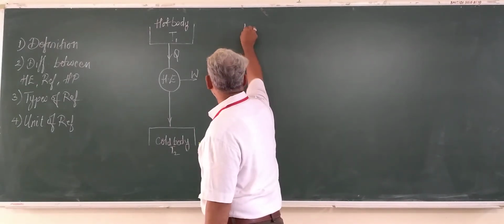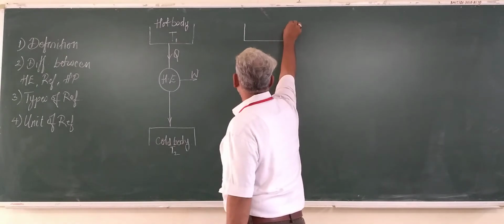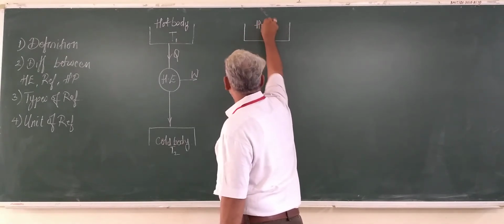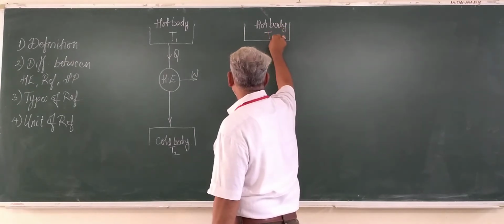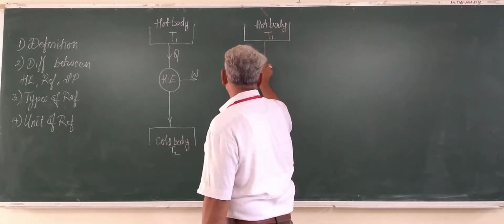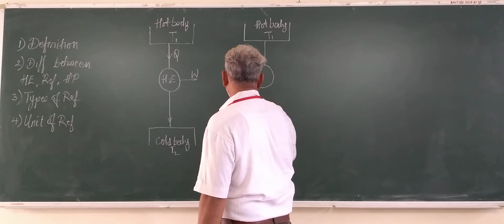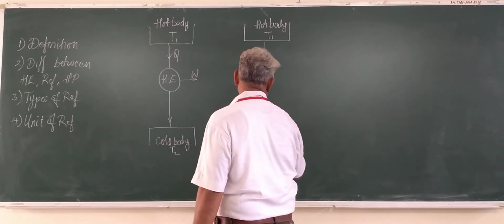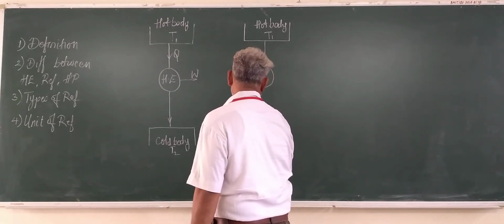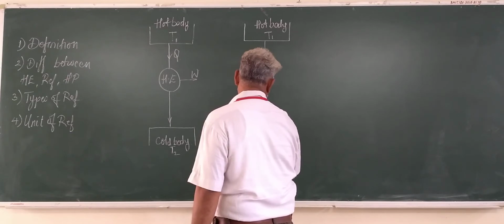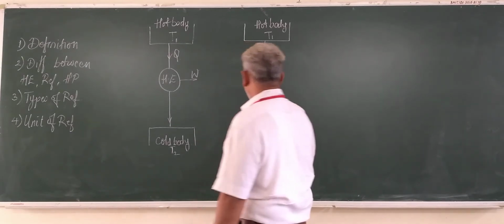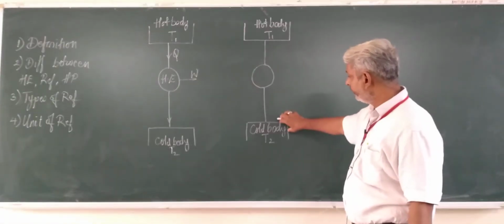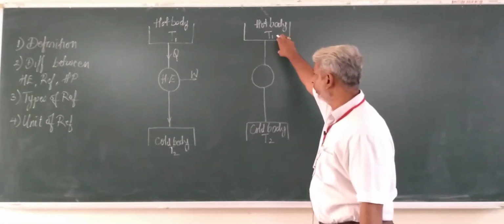In converse to this, if we want to pick up heat from the cold body and put it into the hot body, if we develop a similar system, now what is our task? We have to pick in heat from the cold body and supply it to the hot body.